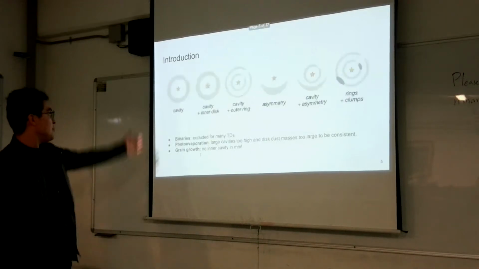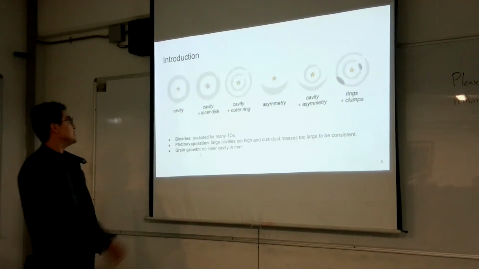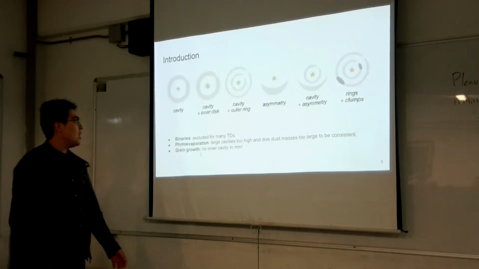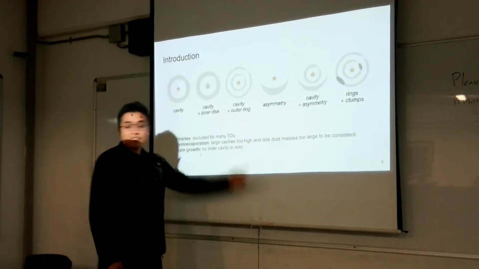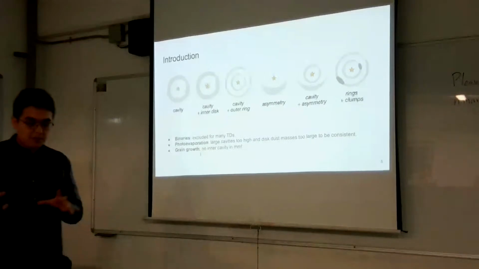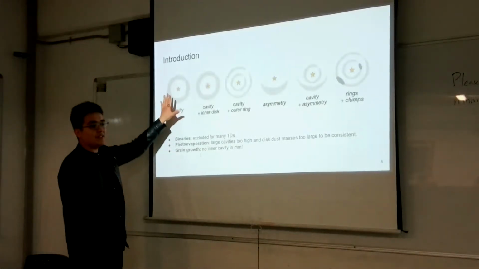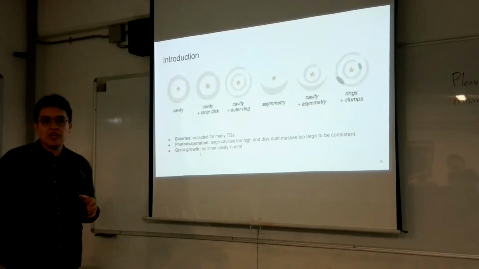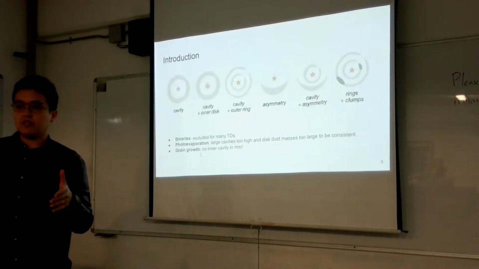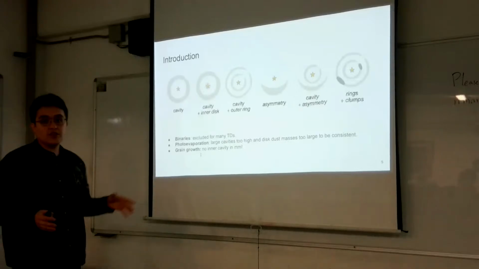So let's remember that a transitional disk has a cavity, or can also have a cavity and a ring, or some bumps or asymmetry. But in this paper, they only analyze cavities, no rings, no clumps, no asymmetries, because they want to narrow the explanation of these cavities.